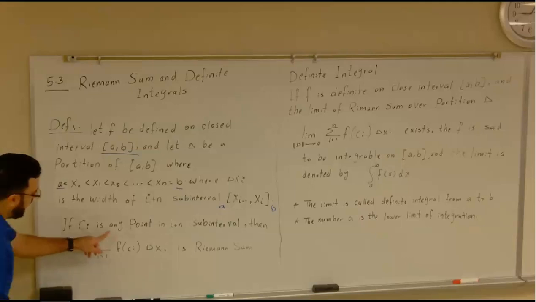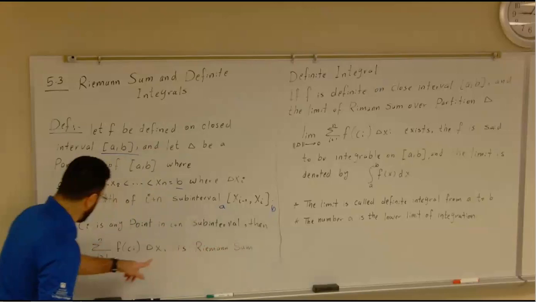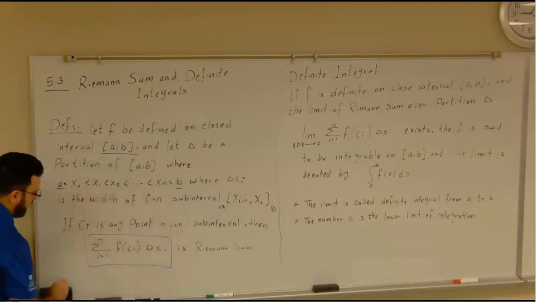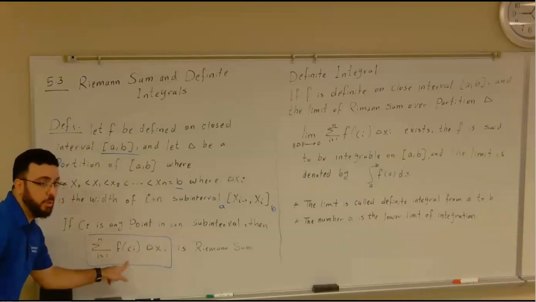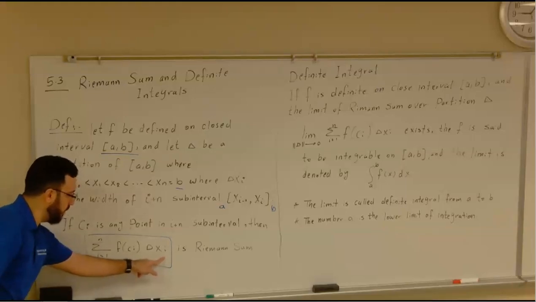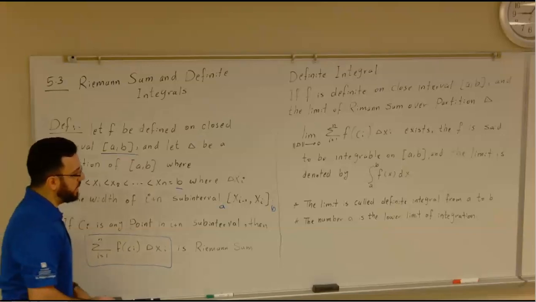If C is a point on the ith sub-interval, then remember that we took this last class, which is the summation of, this is what? This is the width for every rectangle. This is the length. Remember that?